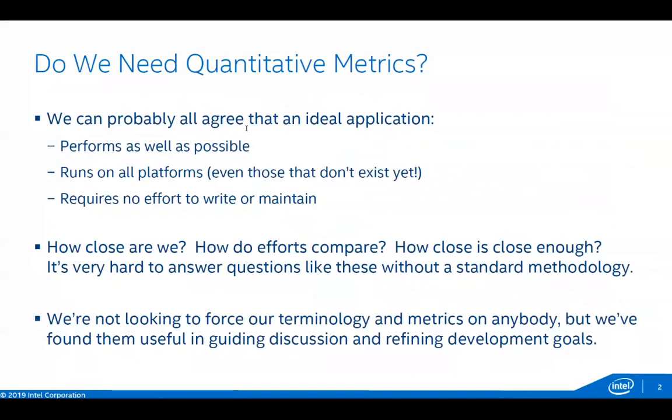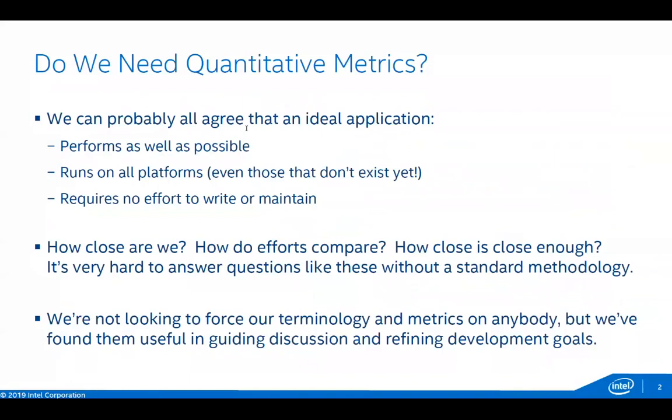If I, as a user, need to choose between 2 different candidate libraries I could plug into my application, and I want to pick the one that is going to improve my performance portability the most, there's no standard methodology for that. And also, like Jack was saying, we can't set a development goal and decide when to stop. You can't say, I want to stop at 80% of this ideal application without some way of measuring how close you are to that ideal.